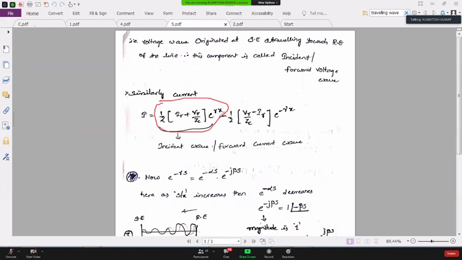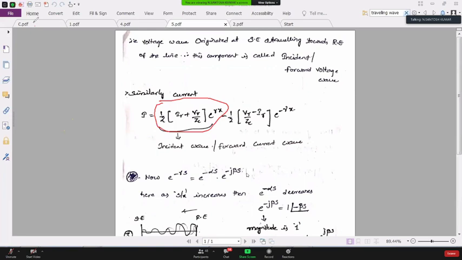So what is happening? Your voltage and current waves are incident waves, that is, they are starting from your sending end. As they are moving towards the receiving end, their magnitude, amplitude and phase angle are being decreased.